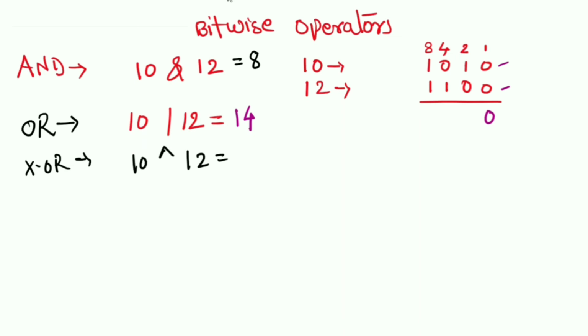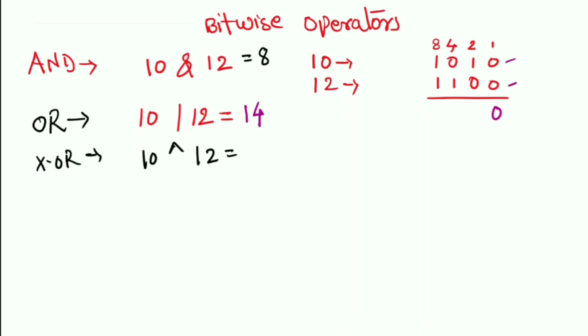What is the logic behind this XOR operation? Only one of the bits should be 1. If both are 0 or both are 1, then it should be 0. You can see both are 0, that's why 0. Here one bit is 1, that's why the answer will be 1. Here also one bit is 1, that's why the answer will be 1. Here both are 1, that's why the answer will be 0. So the binary equivalent of this is 4 plus 2, which comes out to be 6. So I will get the answer as 6.